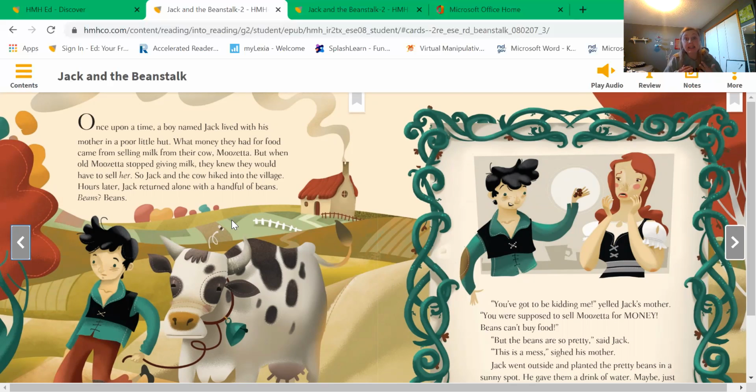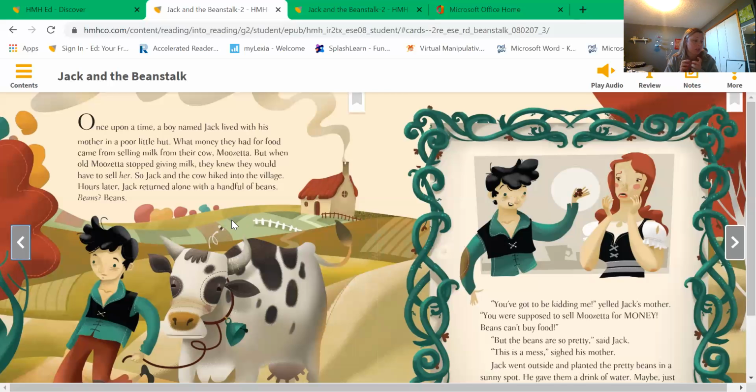His mom's thinking that he's going to come back with money, but instead he comes back with beans. So on these three pages, how does he try to solve his problem? Well, he tries to go sell the cow for money, to get money for food. Does it work? No, because he doesn't get any money. He gets beans.